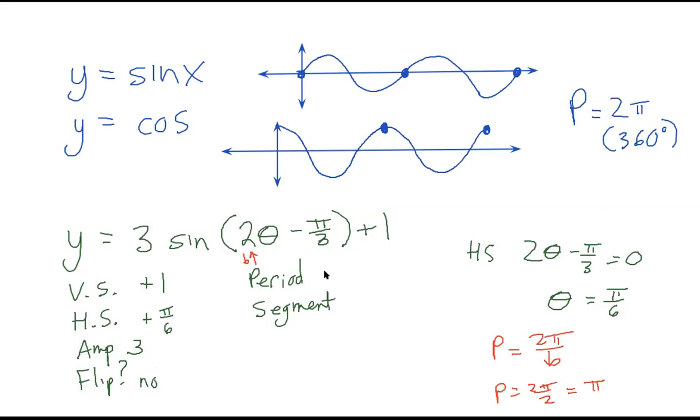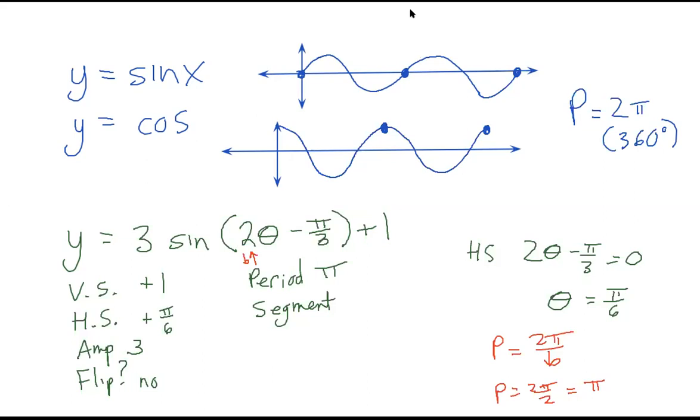Remember we said a couple times that this number affects x, it makes it look like x will be bigger, but actually this makes it narrower. And so it makes sense. The period is only half of what it usually is, so the whole graph is narrower, it kind of shrinks inwards.